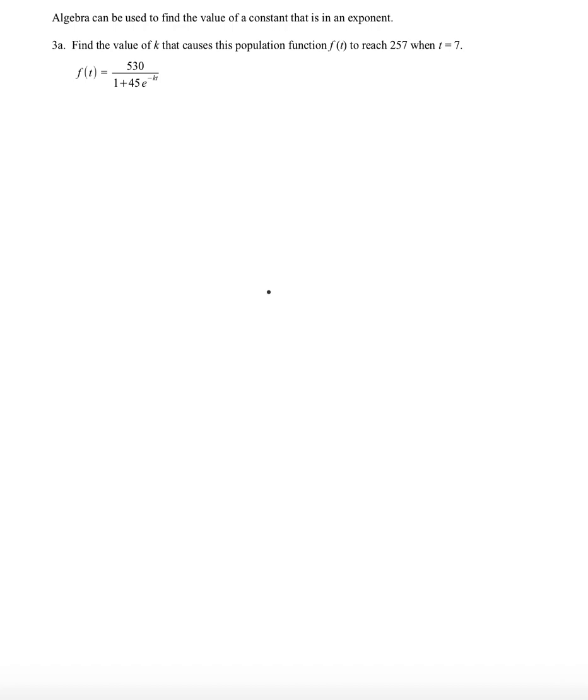So let's plug in the output value of the function. 257 equals 530 over 1 plus 45 e to the negative k times 7. That's what we need.